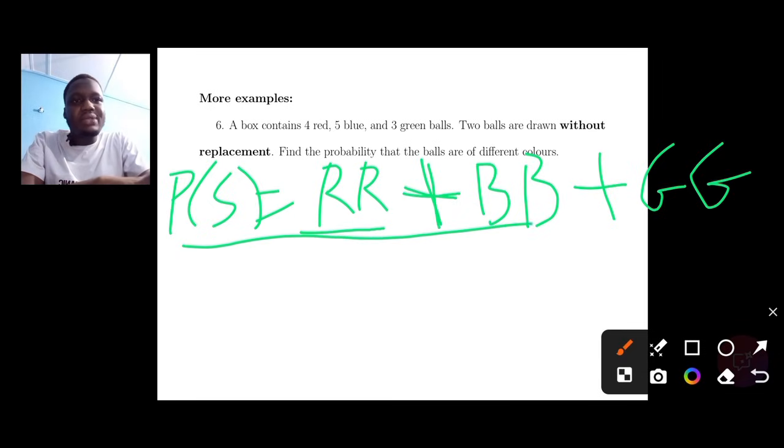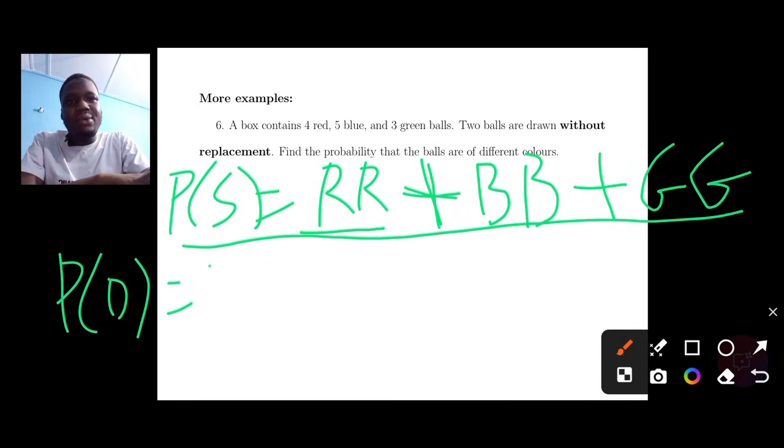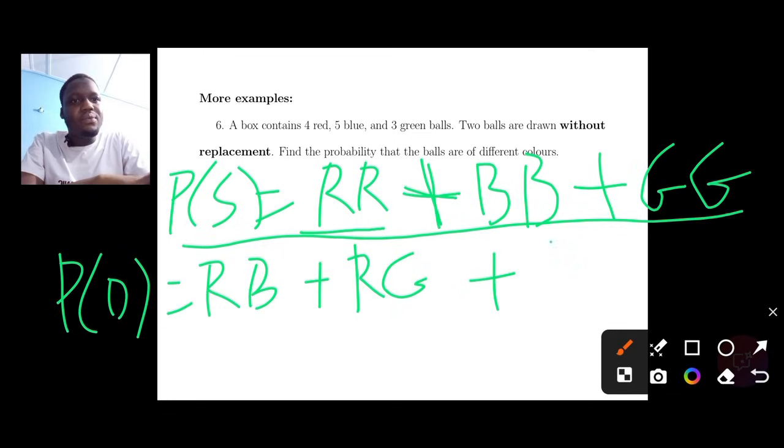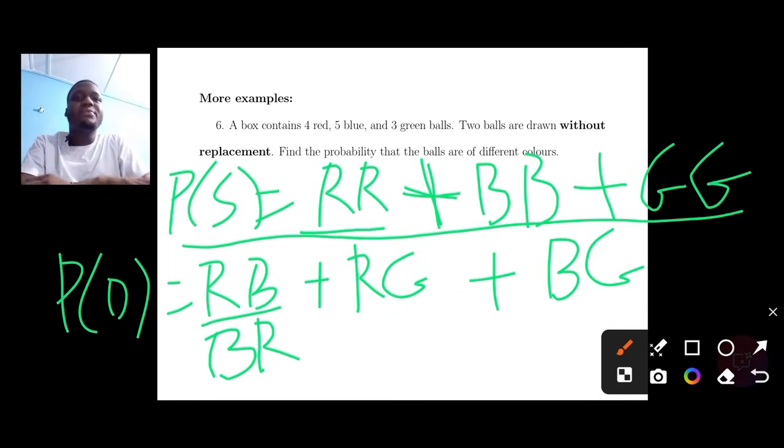The reason this approach is better is that if we say we are going with the different colors, we will have red, blue. We will also have red, green. We will have blue, green. And in this case, red, blue will be different from blue, red.